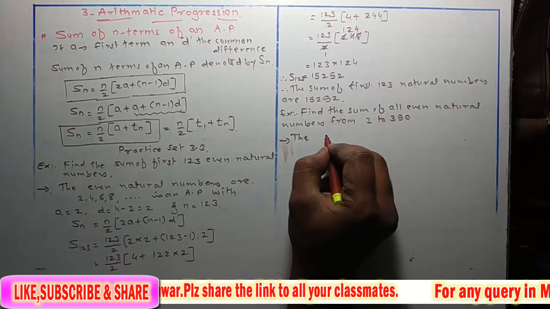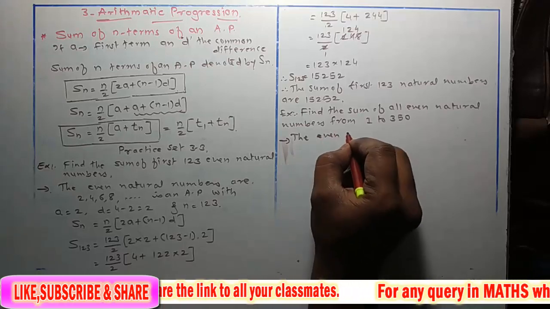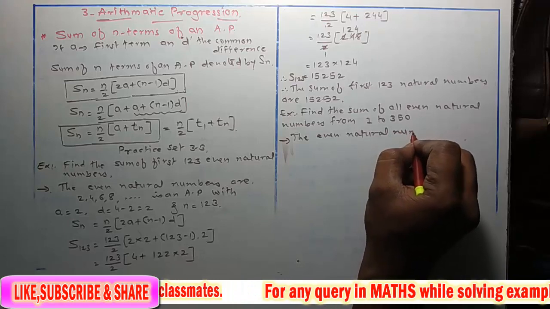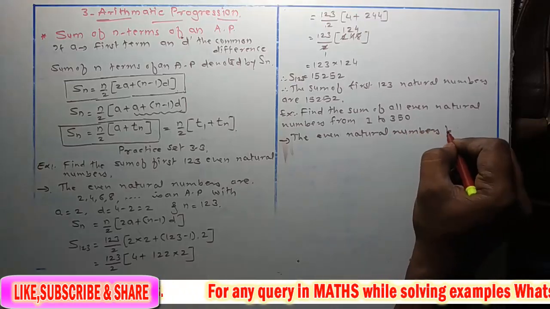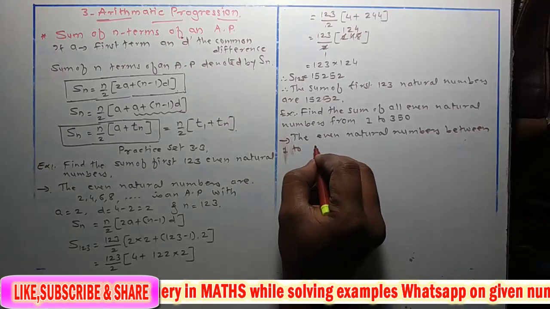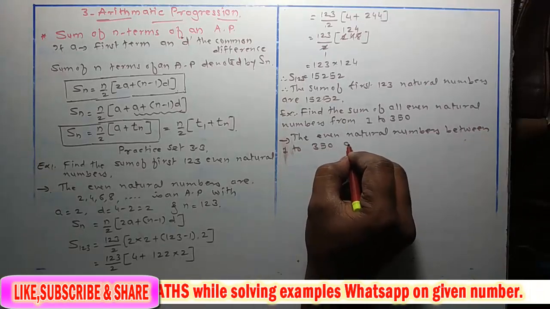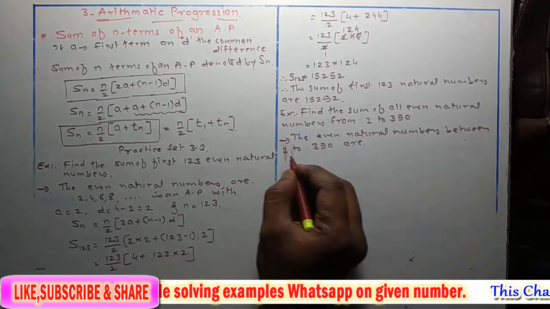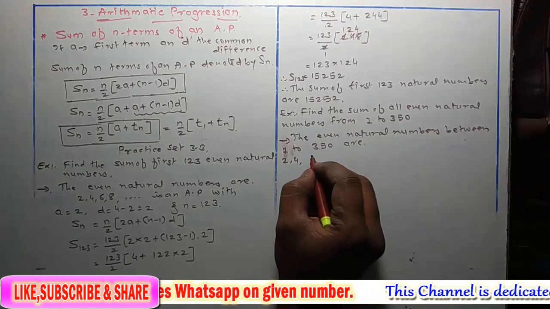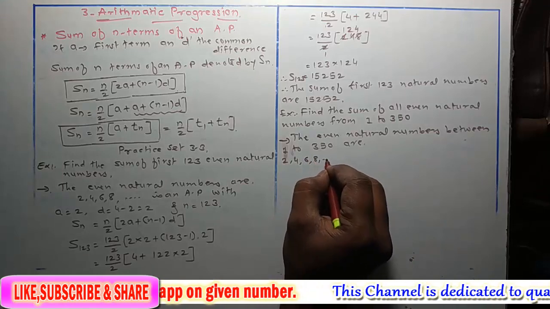The even natural numbers between 1 to 350 are, okay, so the first number is 2, then 4, even numbers we have to take, so 2, 4, 6, 8 and so on.